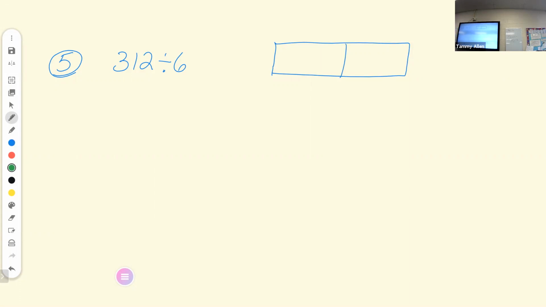312 divided by 6. I just upped the ante. Are we supposed to do that or not? What multiple of 6 do you see you could take out right away?